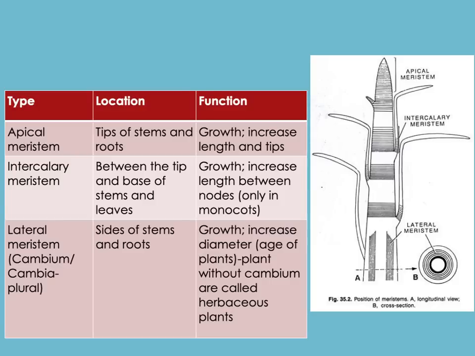Intercalary meristem occurs only in monocots, at the base of the leaf blade and the nodes, the area where the leaf attaches to a stem. This tissue enables the monocot leaf blade to increase in length from the leaf base. For example, it allows lawn grass leaves to elongate even after repeated mowing.